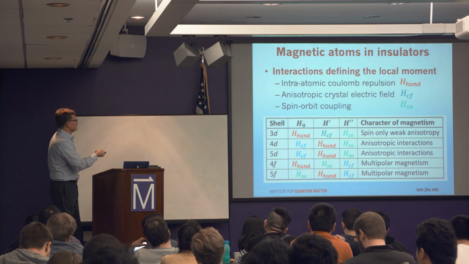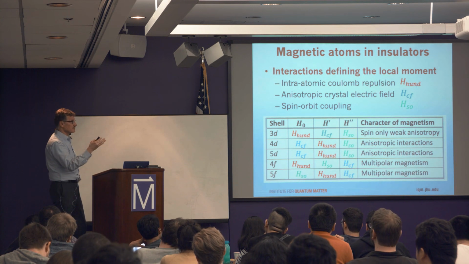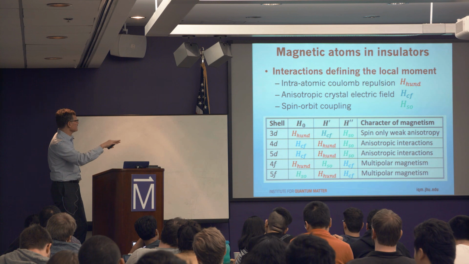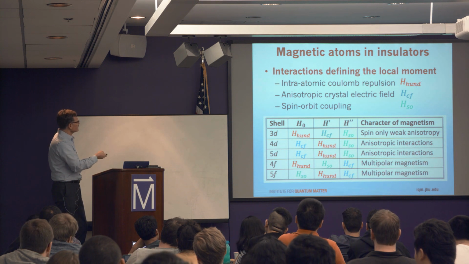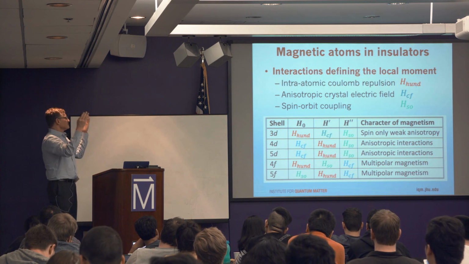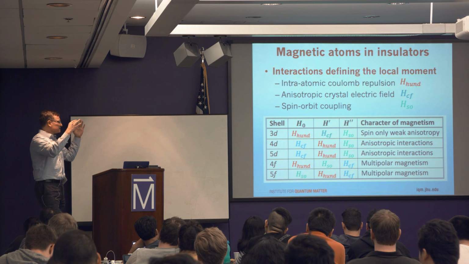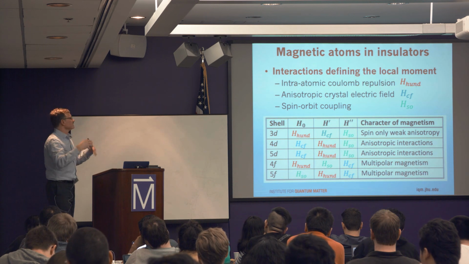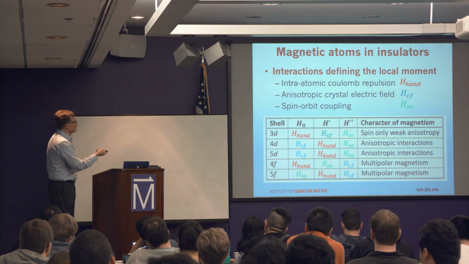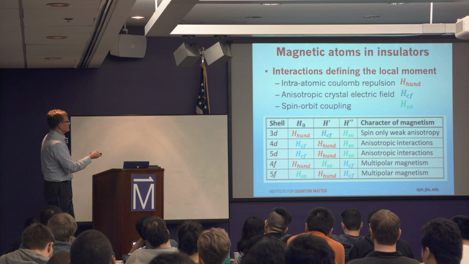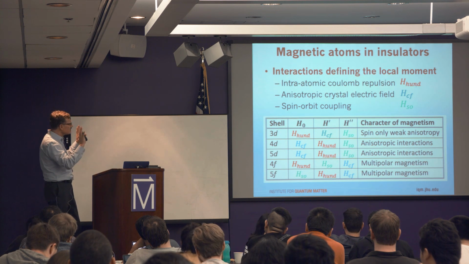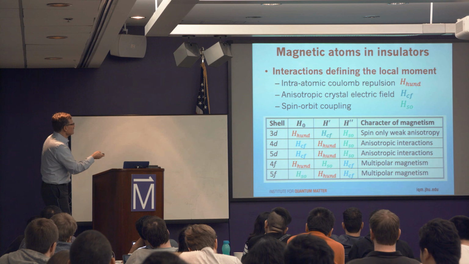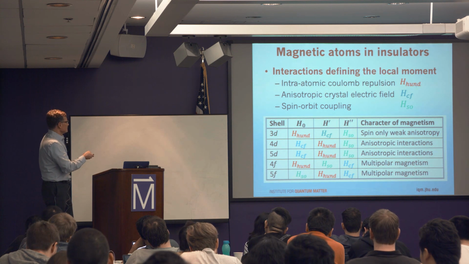Sometimes there's a phase transition involved, a Jahn-Teller distortion, which will eventually produce this orbital singlet. And then the spin-orbit interaction comes in at the end, and it does introduce some anisotropy into an otherwise mostly spin-dominated form of magnetism. So relatively weak anisotropy, certainly anisotropic to some extent, but that's the situation there.